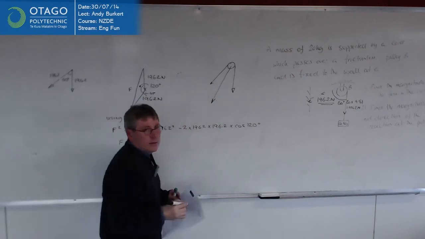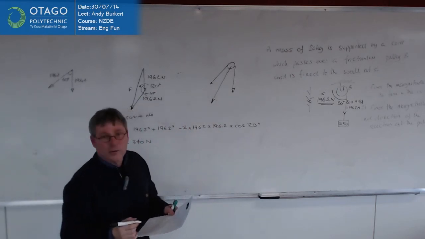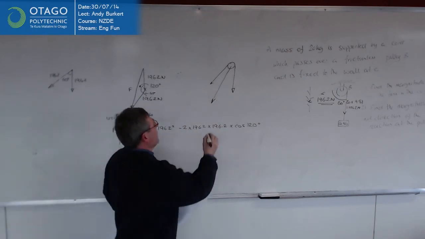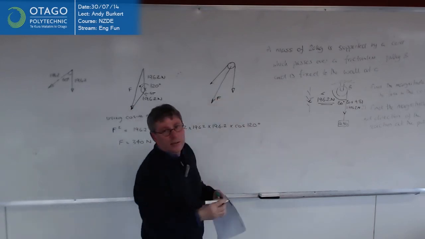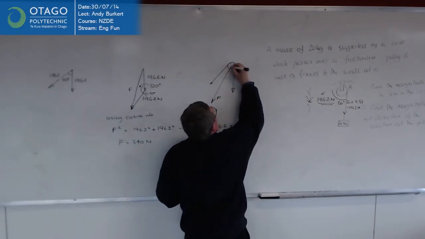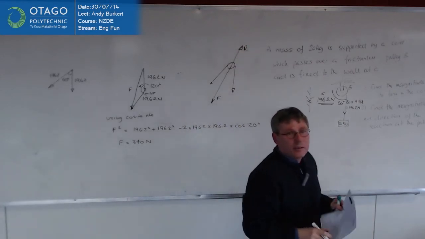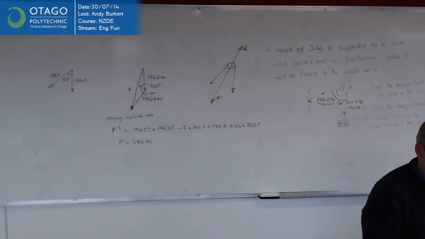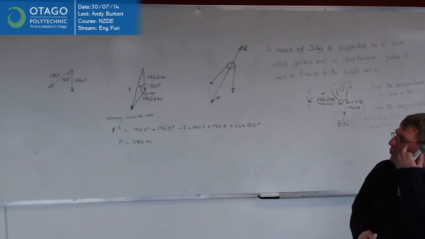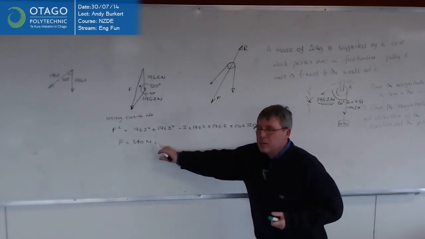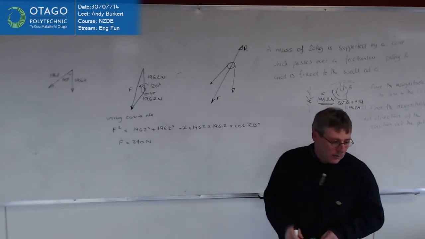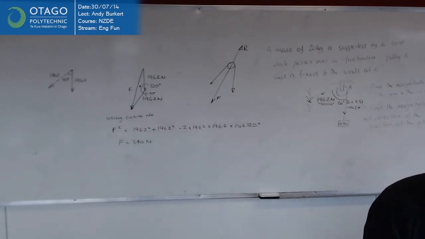Yeah? That's that F we just calculated. And the reaction force is equal and opposite to that. Okay? So we now know the magnitude of our reaction force. It must be 340.